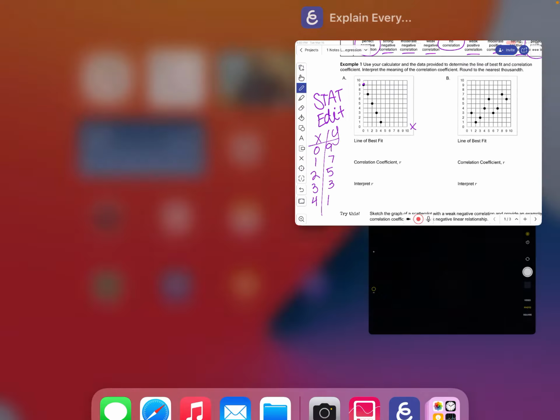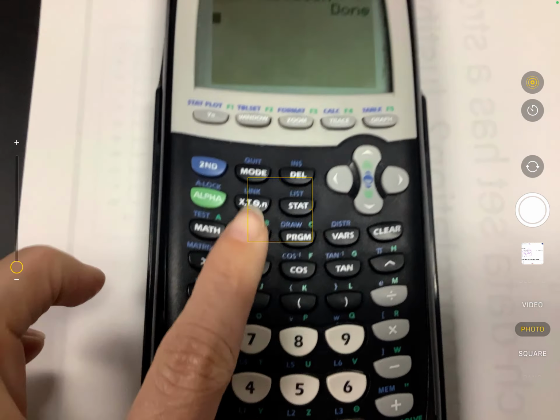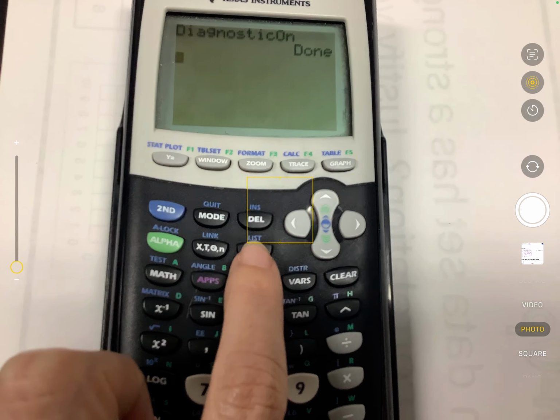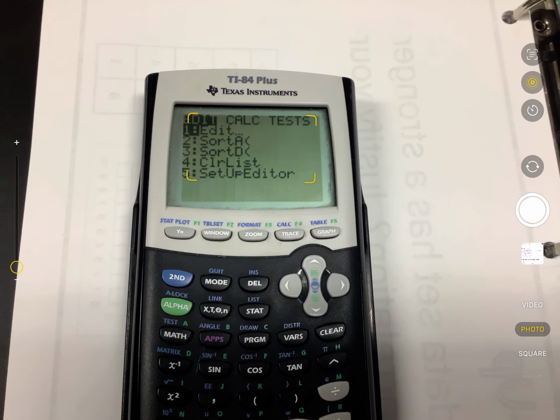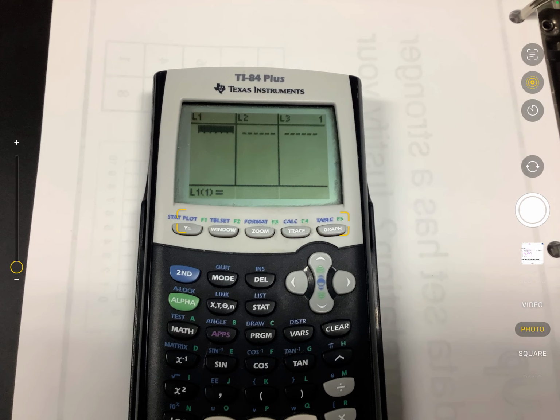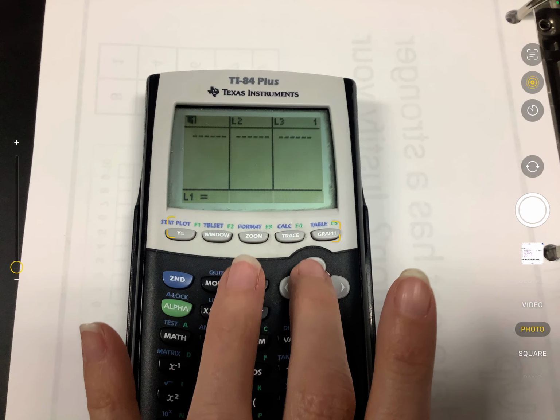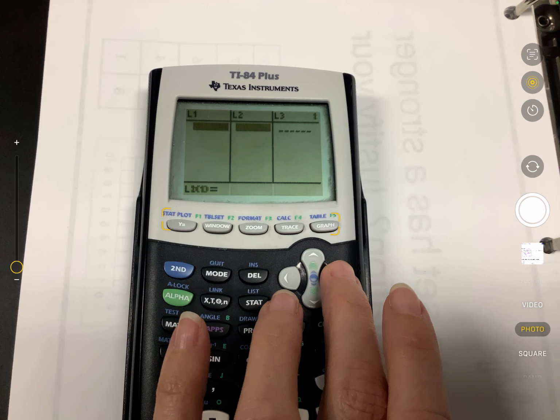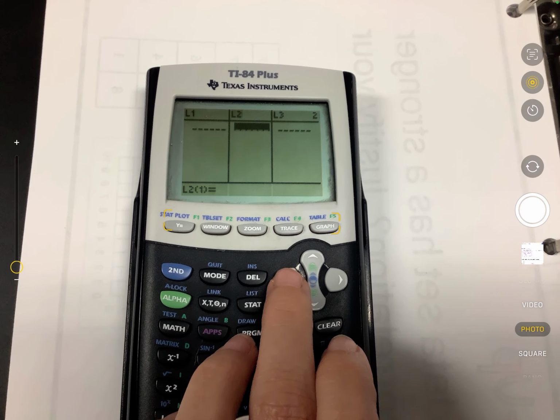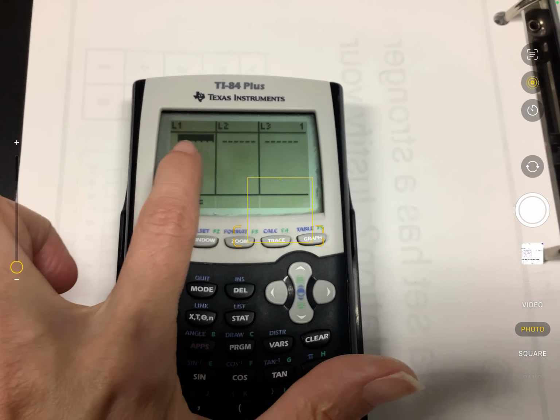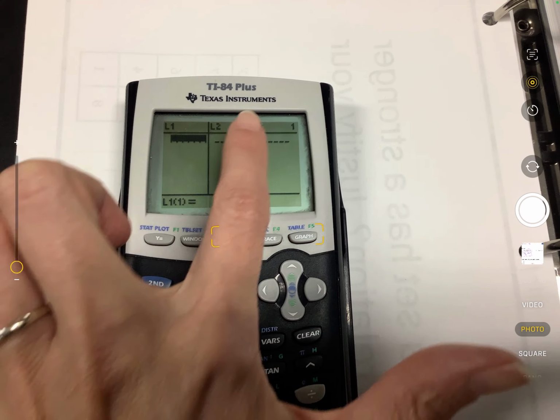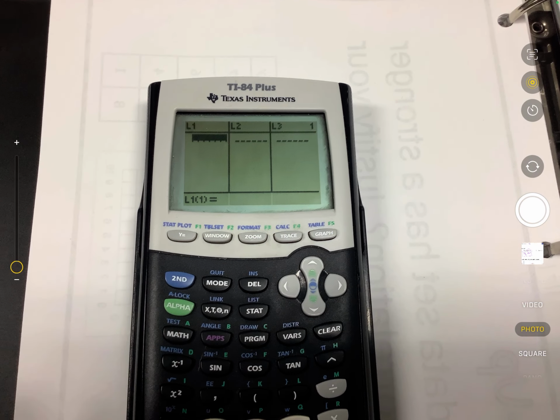So again, you're going to go to stat edit and type those in. So stat is right below delete. Edit, so press enter. And if there's anything in your list, you're welcome to go up to it and press clear and then go back down. It should clear it out. But make sure that you have an L1 and an L2, because that's where we're going to type the X's in L1, the Y's in L2.